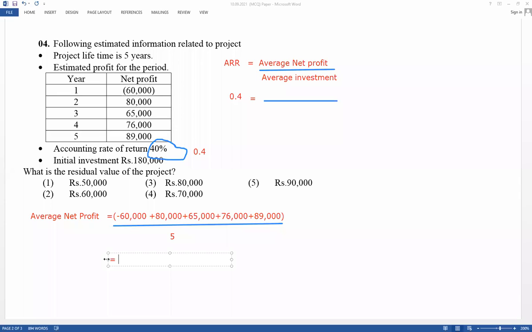Therefore, total net profit can be calculated, divide by 5. Therefore, average net profit can be calculated. Average net profit divided by average investment. Take the profit total value, 60 minus 80 plus, total net profit divided by number of years.